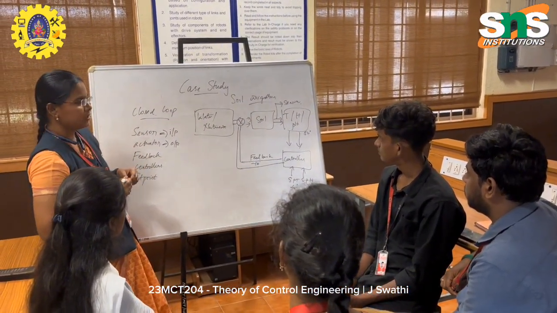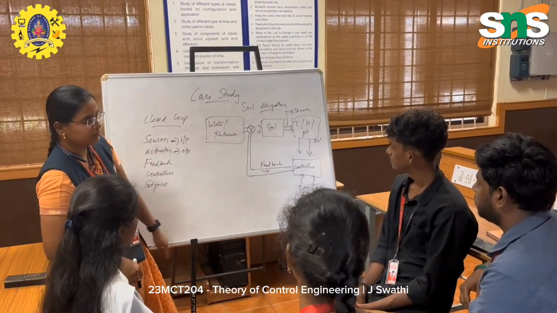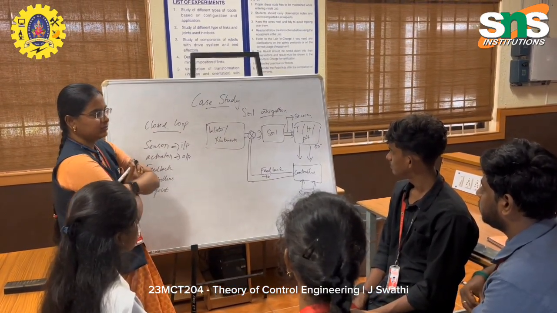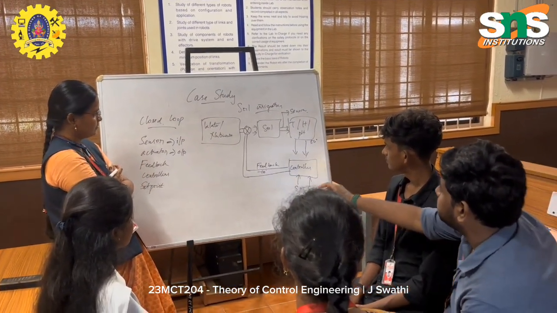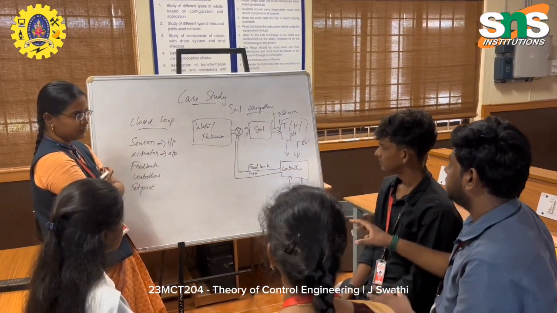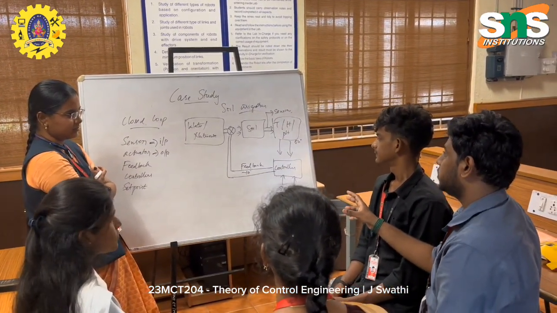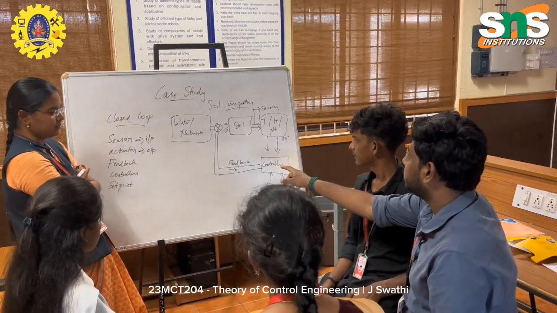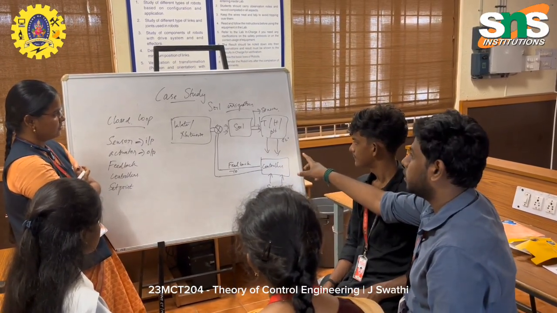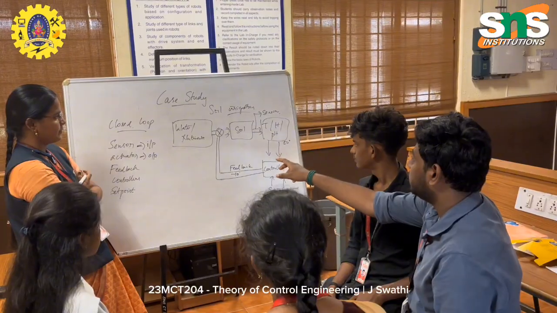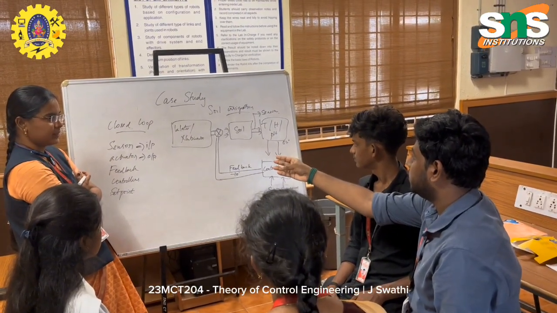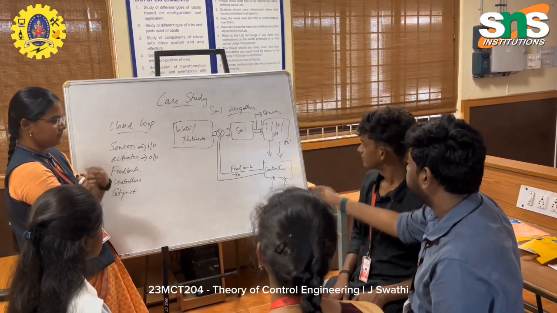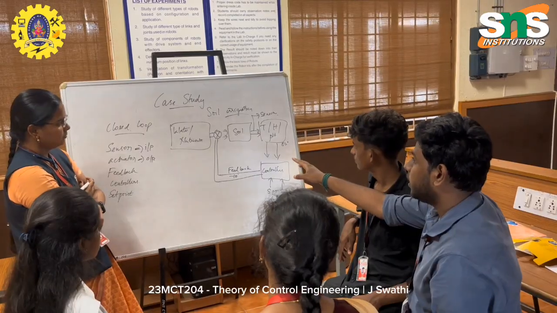Can anyone conclude the diagram alone? In this system, we are doing soil irrigation using a closed loop system. For that, we need a base source, soil. We are giving input as water or nutrients. To actuate that, we are using actuators.